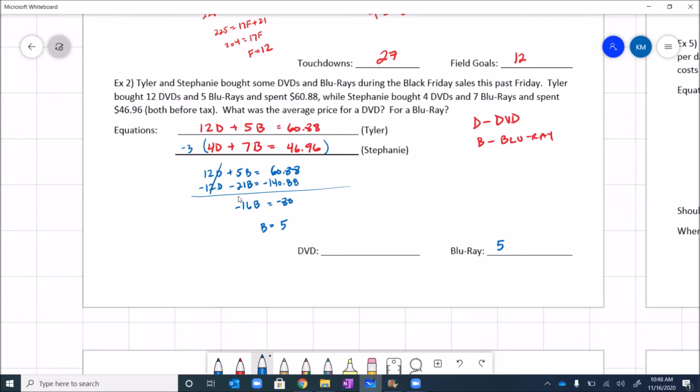Okay, and so I can find DVDs then by plugging it into one of the equations. I'm going to plug it into Stephanie's equation because the numbers are lower. Say 4D plus 7 times 5 equals 4696.